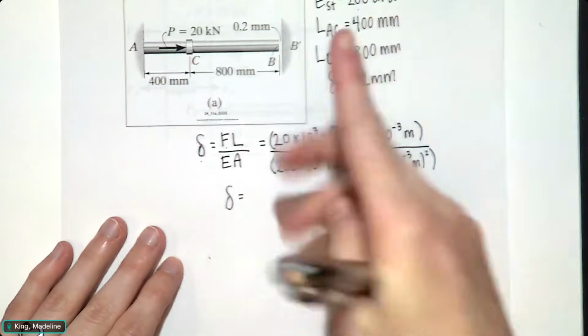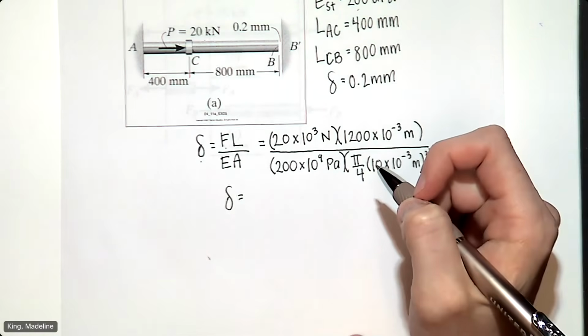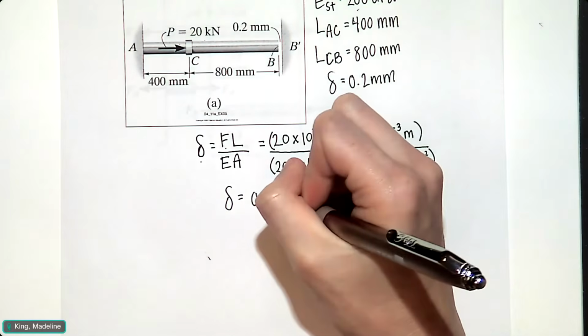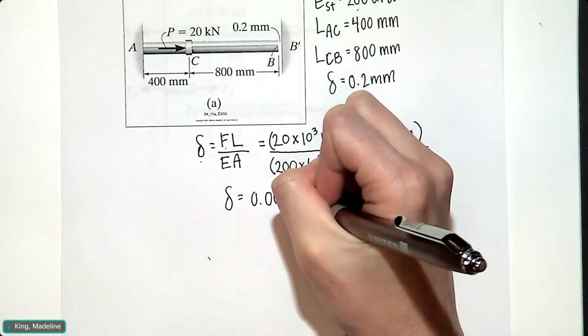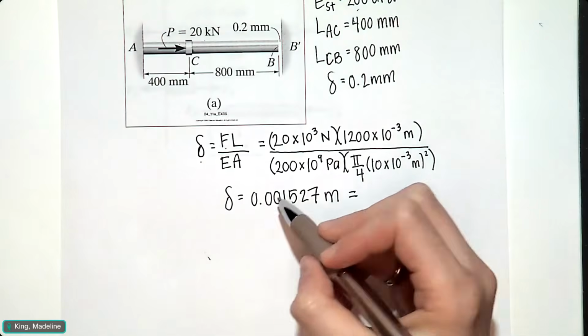So if we did not have this wall, the total displacement of our rod would be 0.001527 meters.